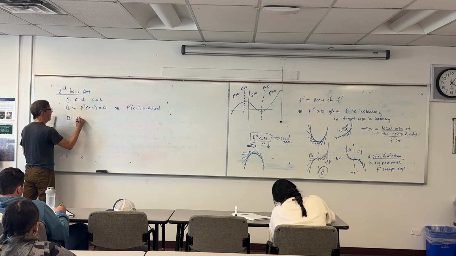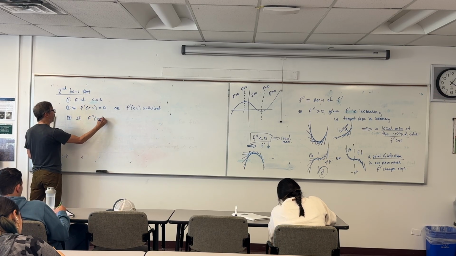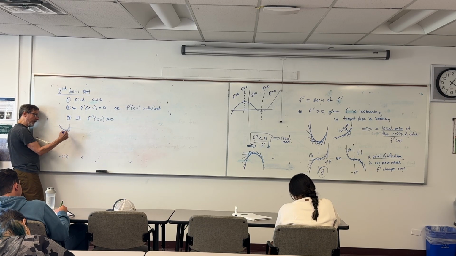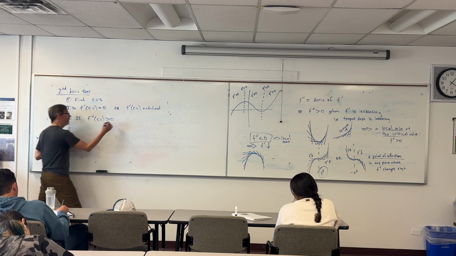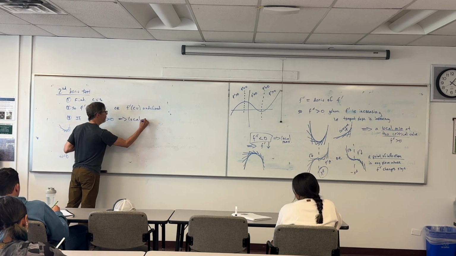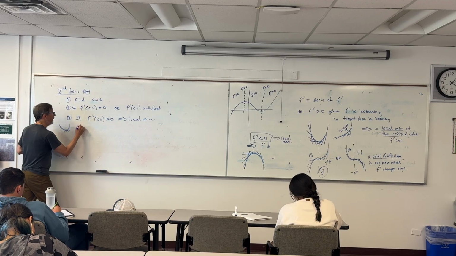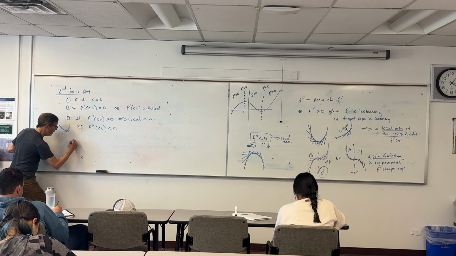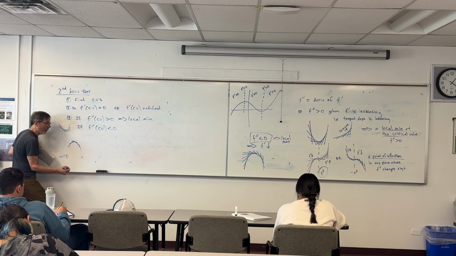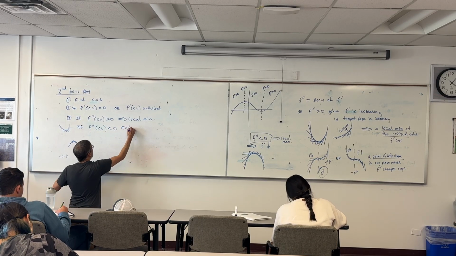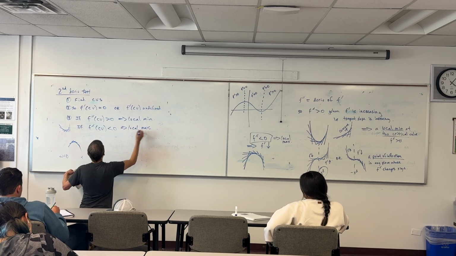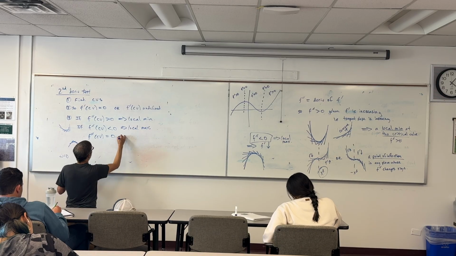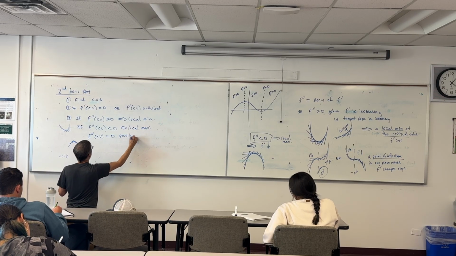Step three, if f double prime of that critical value is positive, that means you've got an increasing first derivative and you've got a local min. If f double prime of that critical value is negative, it's a local max. If f double prime of the critical value equals 0, we have a possible point of inflection.